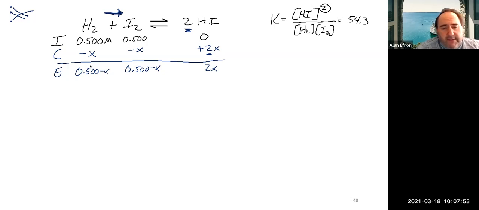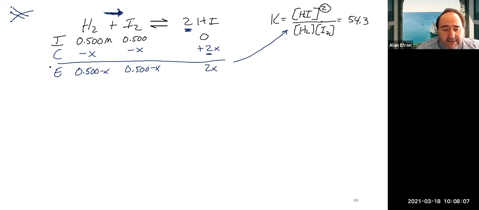At this point, like we talked about last time, we want to plug these guys into our expression. So we're going to take everybody on the equilibrium line and stick it into that expression.